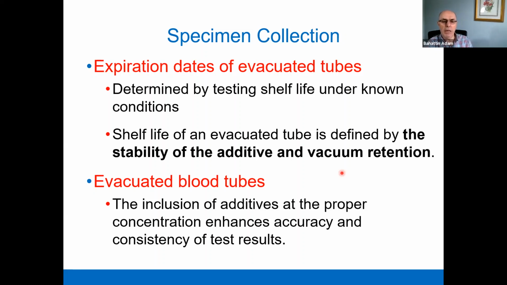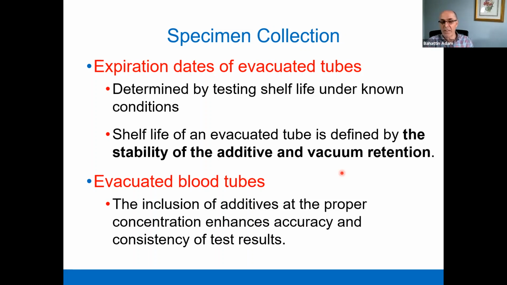The inclusion of additives at the proper concentration enhances the accuracy and the consistency of the test result. We are fortunate now that most of the test tubes are ready for use. They already include additives and anticoagulants at the proper concentration.